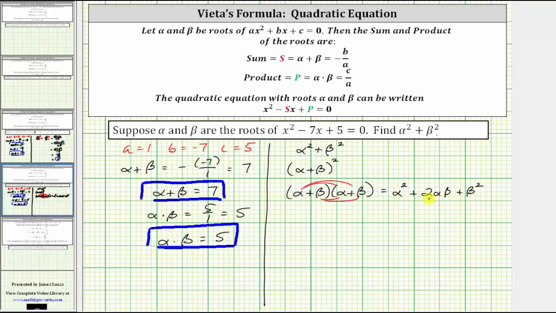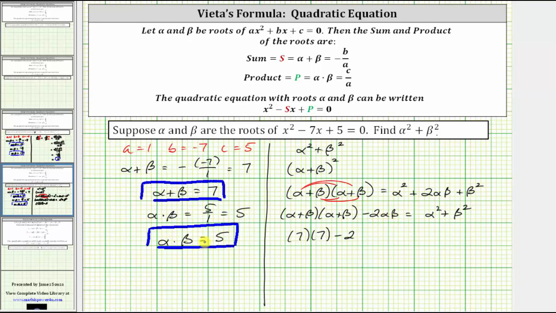If we subtract 2 alpha beta on both sides, we have alpha plus beta times alpha plus beta minus 2 alpha beta is equal to alpha squared plus beta squared. And now we can determine the value of alpha squared plus beta squared by using the expression on the left. We know alpha plus beta is equal to 7, so here we have 7 times 7 and then minus 2 times alpha times beta.